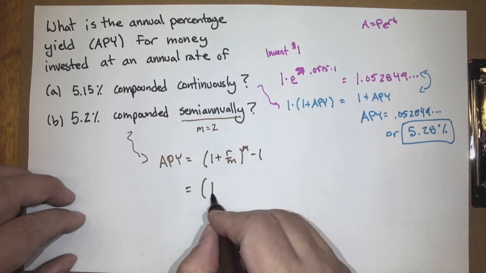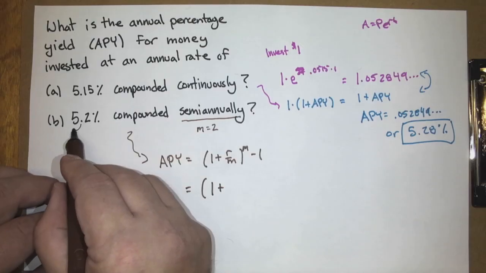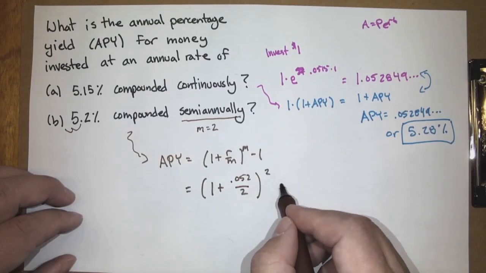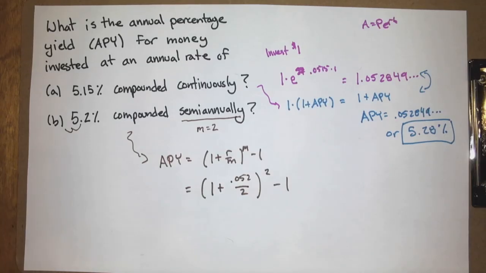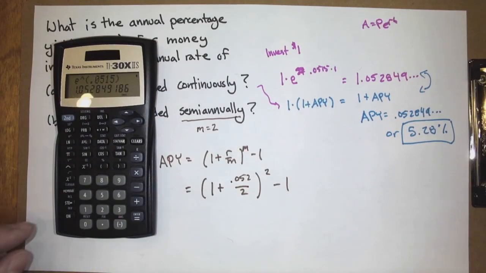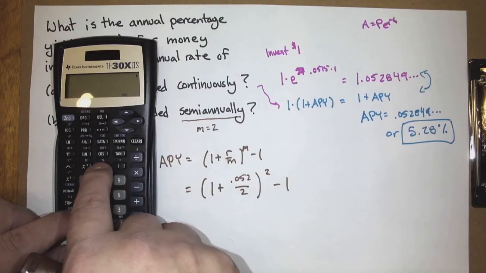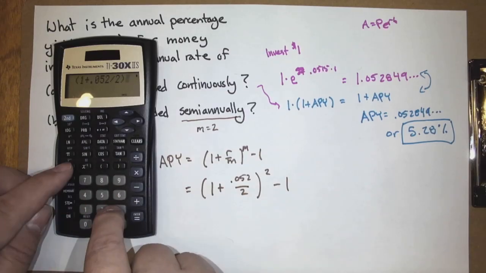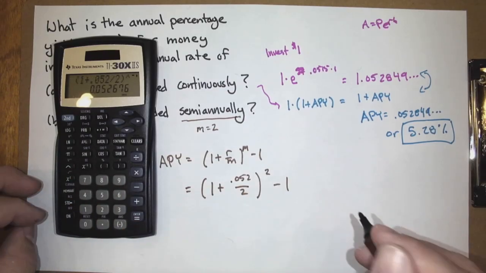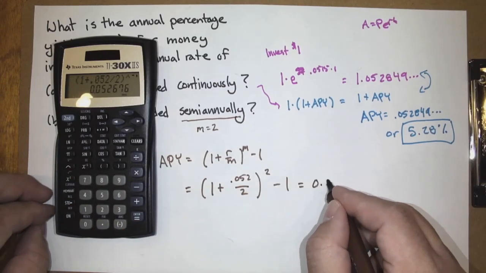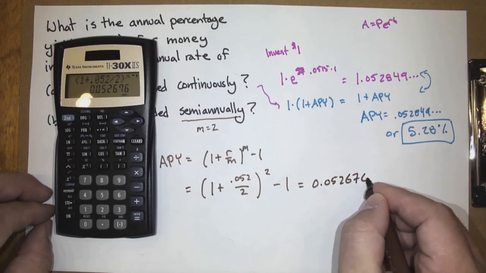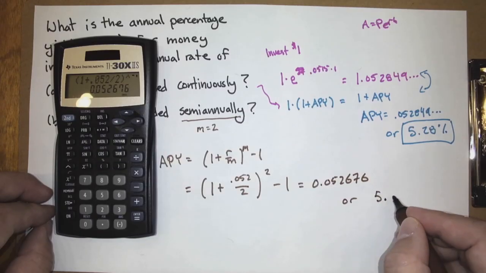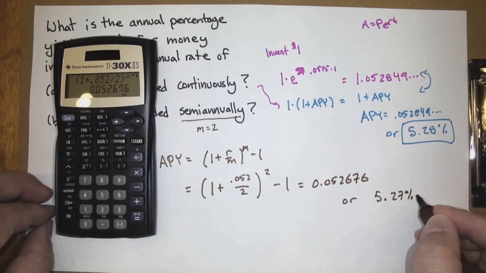So for us, 1 plus, moving the decimal over, 0.052 over 2, to the 2, minus 1. And what does that turn out to be? Well, 1 plus 0.052 divided by 2, squared, minus 1 is 0.052676, or, moving your decimal over, 5.27%.